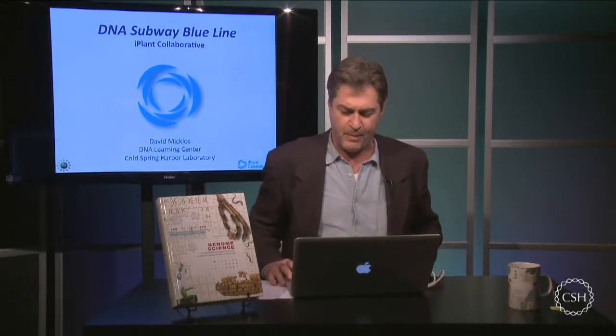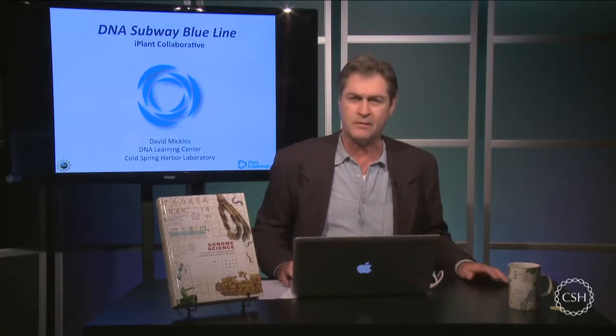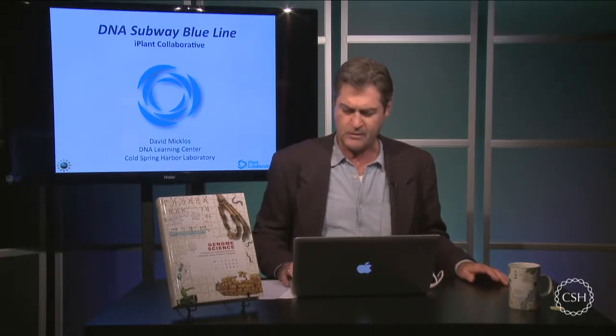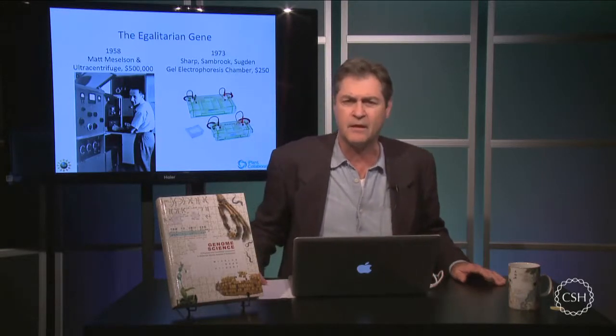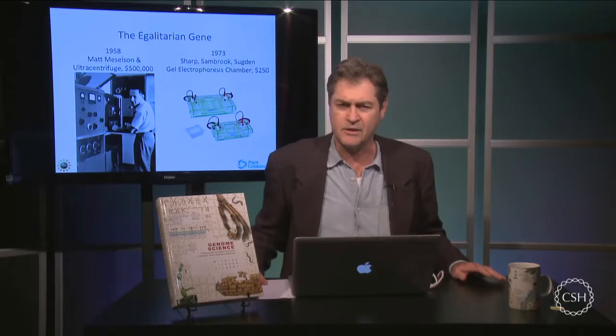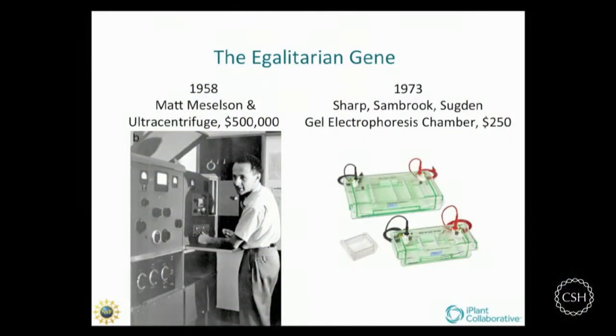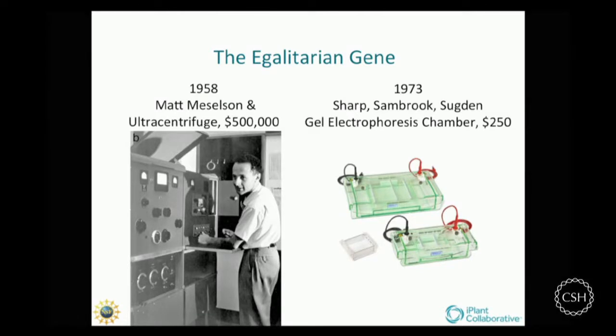First, I'll give you a little bit of background about why this is important and why you might use it in your teaching. As many of you know, I've been involved in the effort to bring biotechnology into classrooms for some time. And this struck me as an interesting illustration: in the 1950s, if you wanted to analyze a single piece of DNA, a gene-sized piece of DNA, it would have taken an ultracentrifuge like you see in this photo here, that would have cost about $500,000 in 1950s dollars.